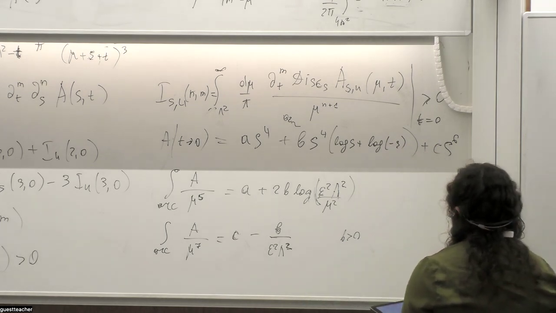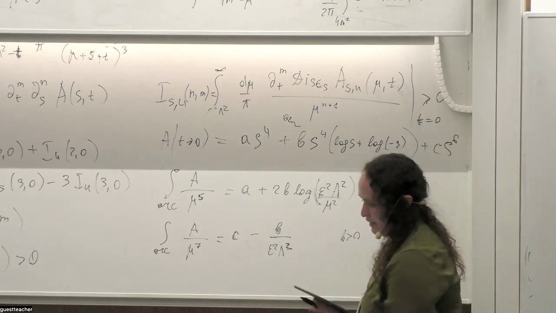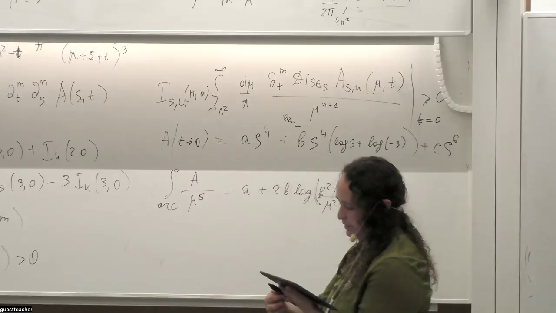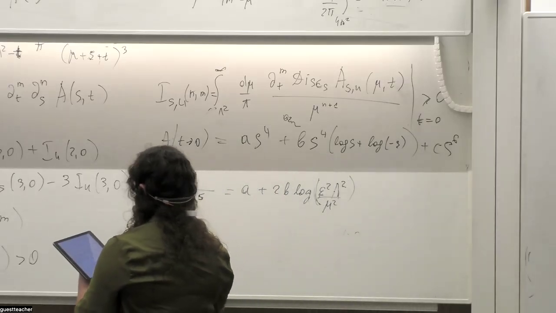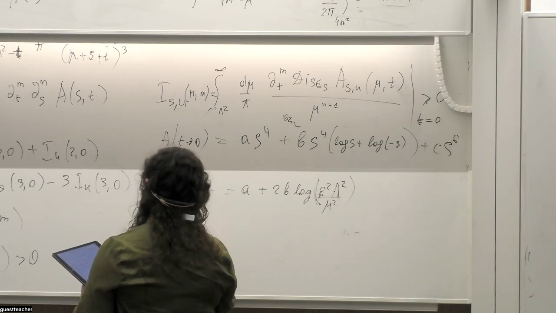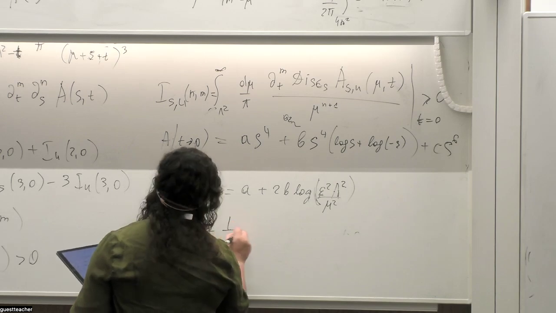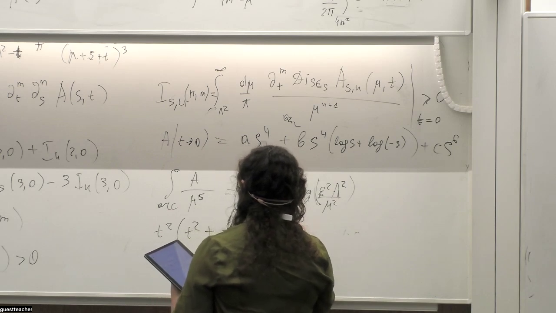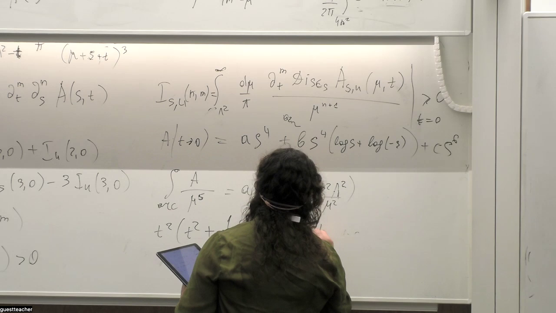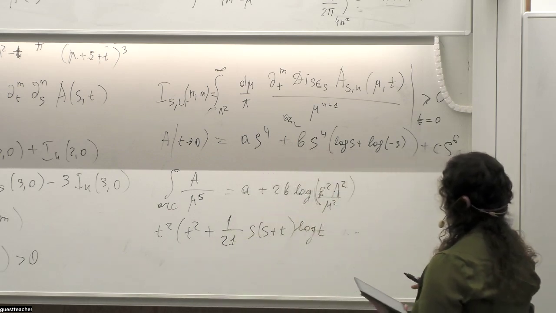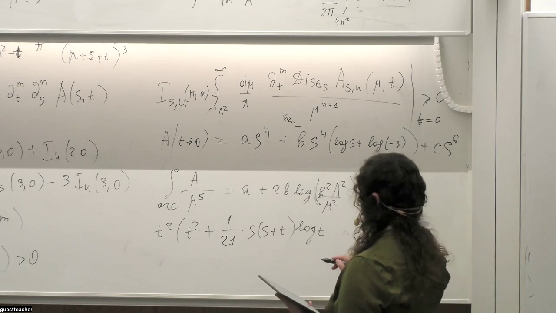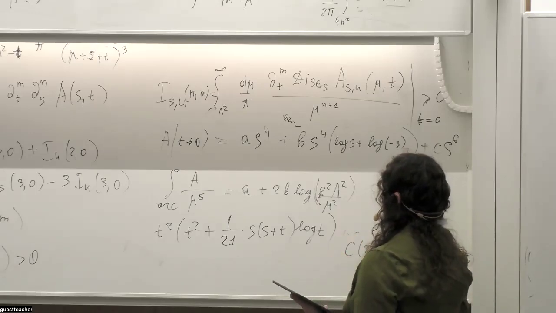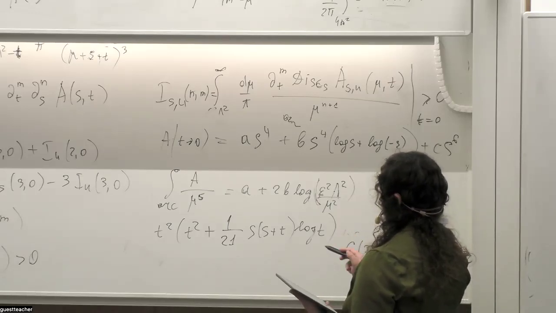If we come to different t derivatives, then let me remind you, yesterday I obtained a loop correction in a shift-symmetric scalar, and in particular it has a term t squared plus 1 over 21 s plus t log t. So why is this term not so good? This term is not so good for computing C22 because it corresponds to differentiating twice in t and twice in s.